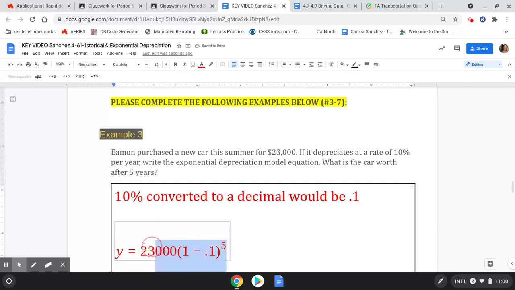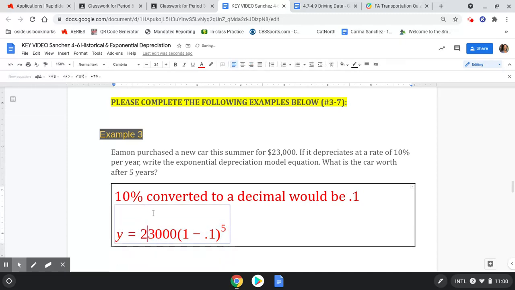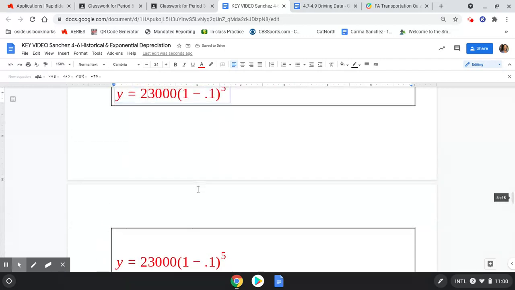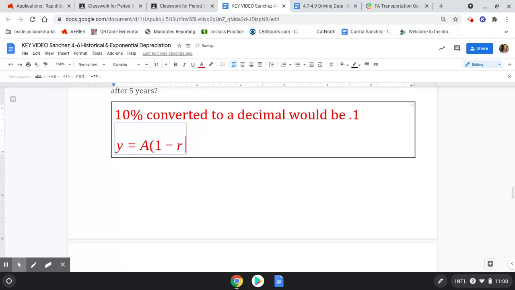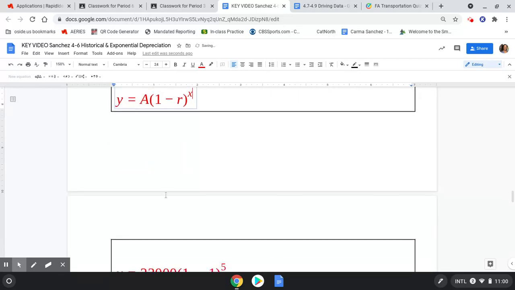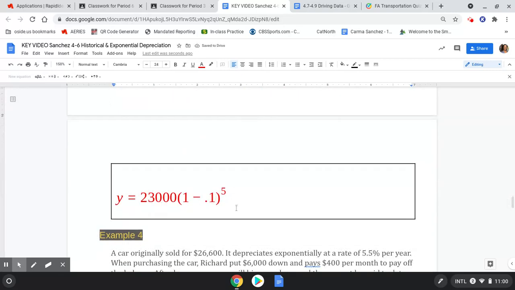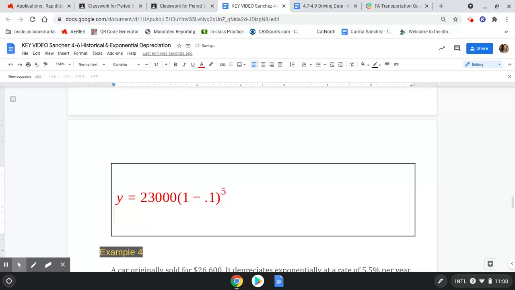Let me take a step back and insert the original equation where the 23,000 is the A value, 1 minus the rate, and to the power of X. And we are plugging in the A value of 23,000 and the rate right there. When I put this into Desmos, you technically could put it like that, but there's one step of simplification, like making that a 0.9.